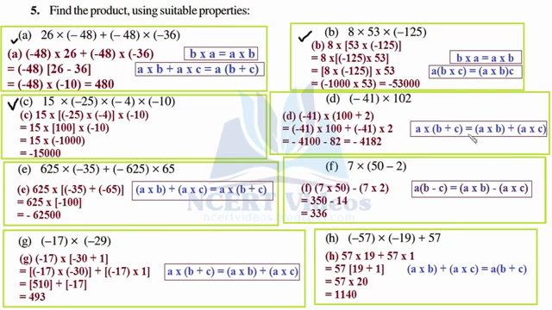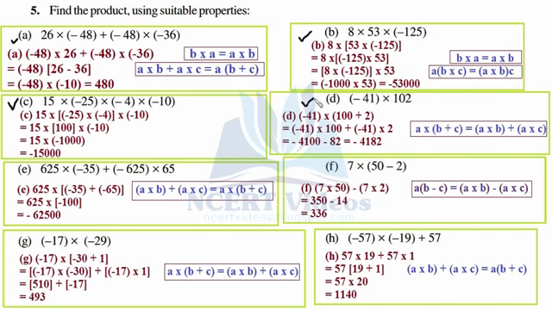And this is the identity that allows us to do it, that you have studied in this chapter. That is a into b plus c equals a into b plus a into c. So fixing two zeros, because we are multiplying with 100, minus 41 into 2 is minus 82. Now both are negative, we add them up and put the sign of negative. That is negative 4182, your answer.